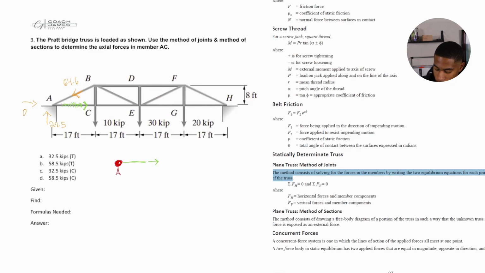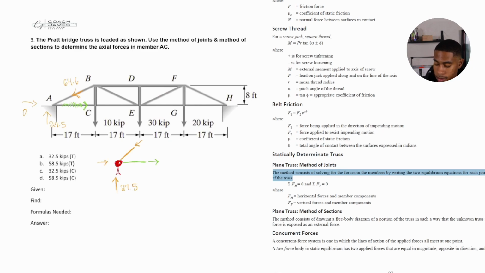We have this member here, and we know that it's actually coming down that way. Anything else? Oh, I know that we got a force coming up, 27.5, and this is 0.